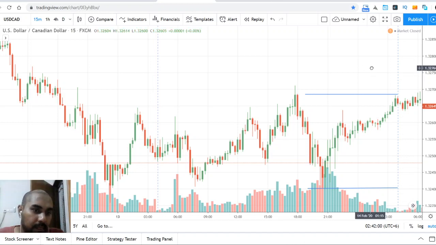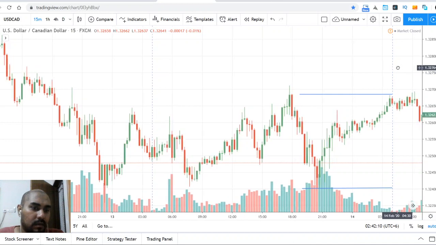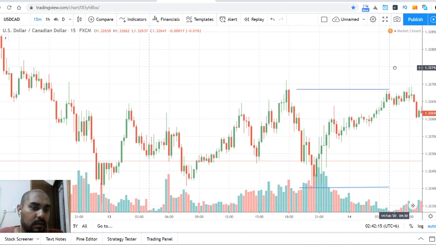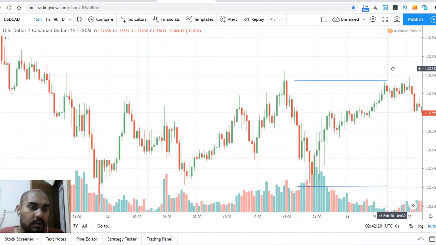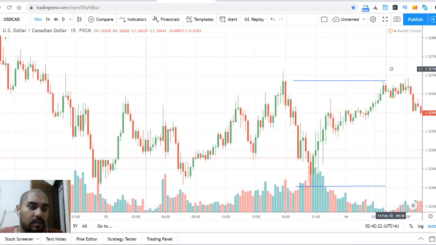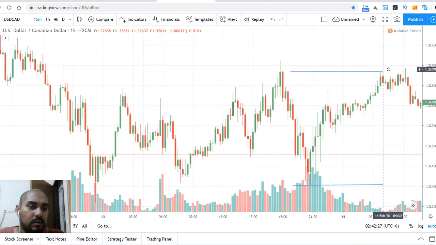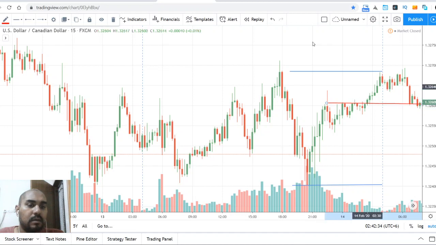Okay, the seller is trying again, reacting from this memory spot. Let's see what happens if prices come back up now, or shall it go to the bottom of the range? Prices coming down. Okay, prices are stuck here at this SNR.